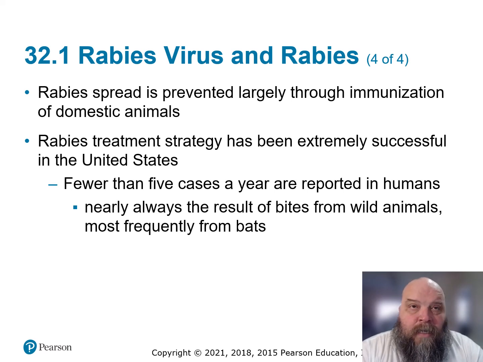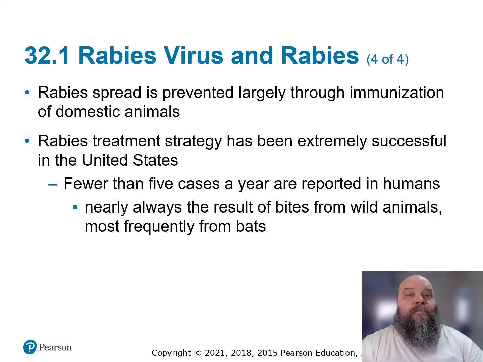Untreated meaning they didn't get the vaccine in time, but there was some medical intervention once the symptoms begin to appear. Once the symptoms appear, generally the symptoms are due to altered brain chemistry, if not brain damage.